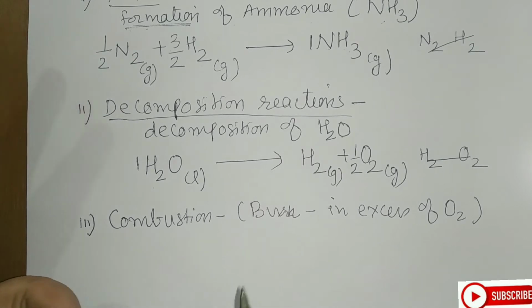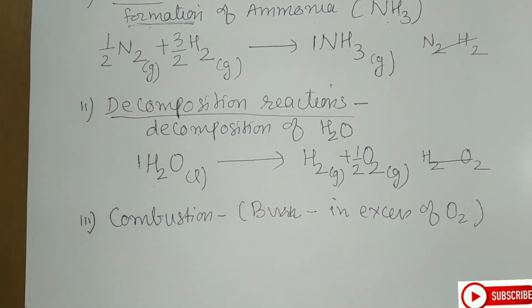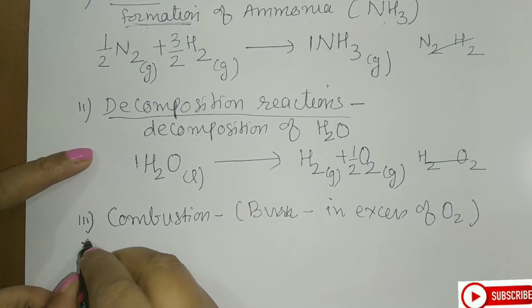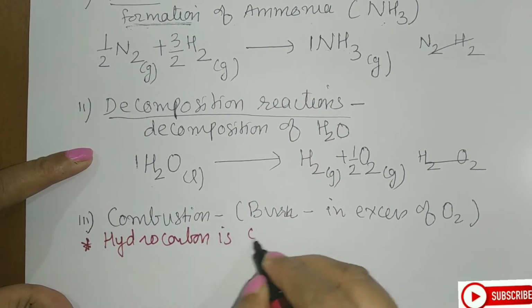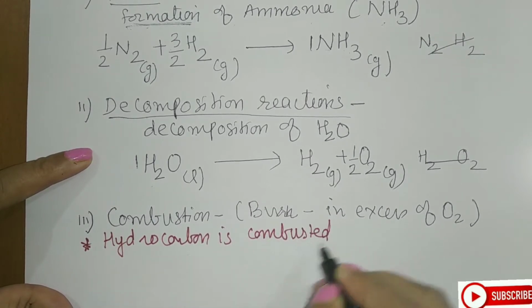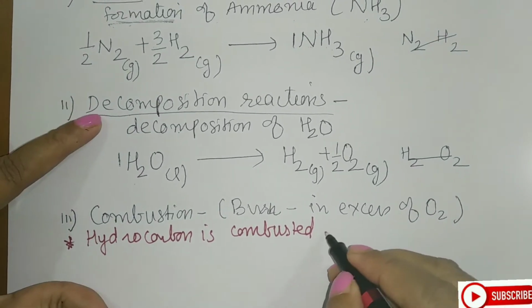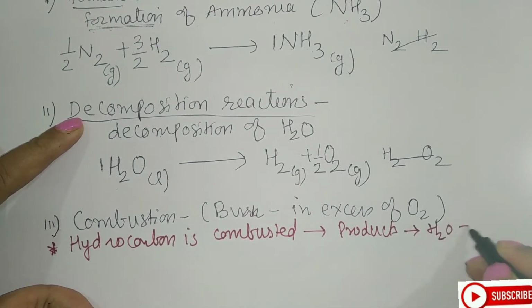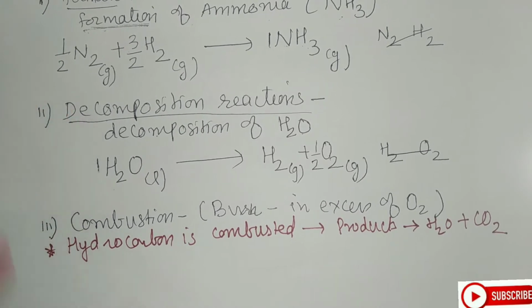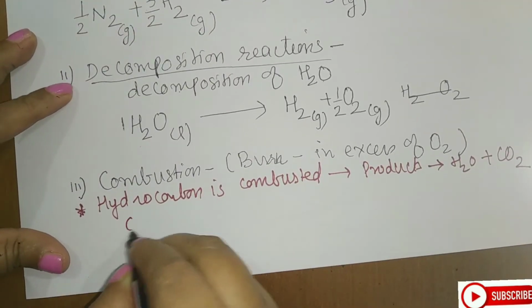Now usually the hydrocarbons, this is very very important student, you must know this statement that whenever a hydrocarbon is combusted, means it is burnt in excess of oxygen, then the products are always water and carbon dioxide. This you have to remember. If it is a hydrocarbon, then it will give the corresponding carbon dioxide gas and water. Now to understand this, let me take one example, and that example is, let us take combustion of methane.